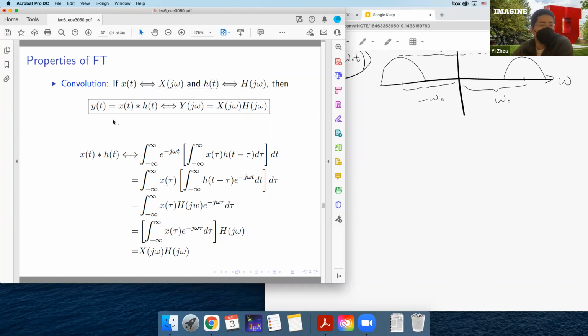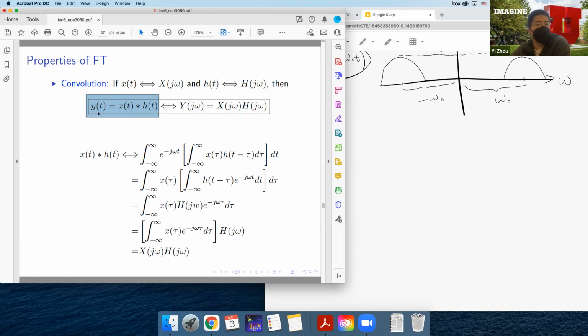Now the idea here is that, for example, x(t) is the input signal to the LTI system, and h is the impulse response of the LTI system. Then in lecture 3, or lecture 4, we showed that the output of this system is given by the convolution between these two. And for such a convolution signal, we actually have an amazingly simple property.